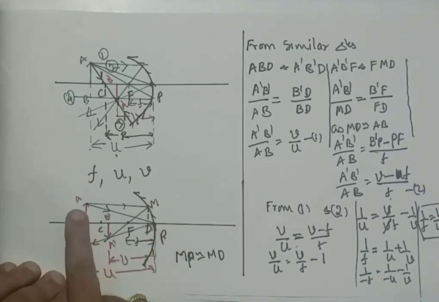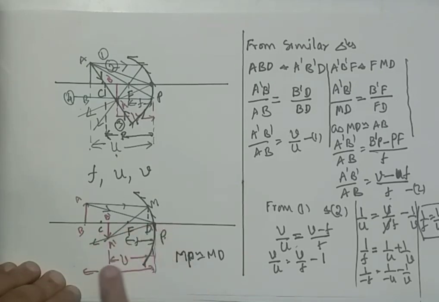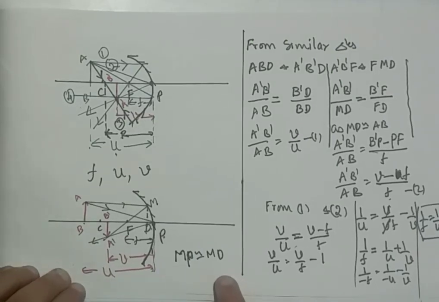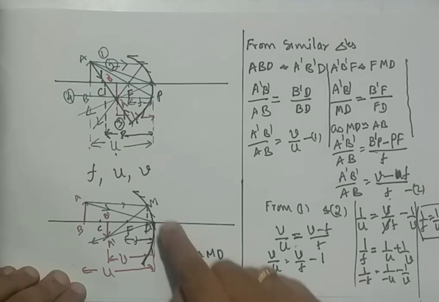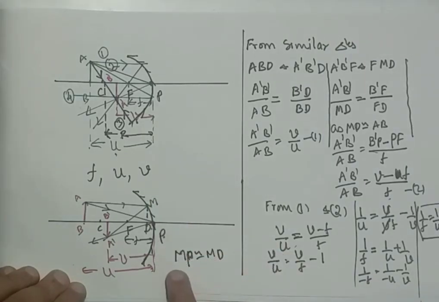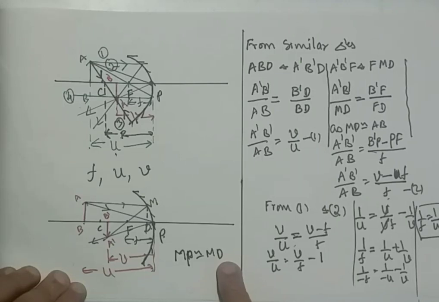And then another ray, A to P, directly onto the pole, which reflects, which we have drawn in pink color there. Now they meet at this point A dash, that forms the image A dash B dash. And we mark the focal length distance from F to P, image distance from B dash to P, object distance from B to P. And as we are considering paraxial rays where M is very close to P, we can take MP as MD.